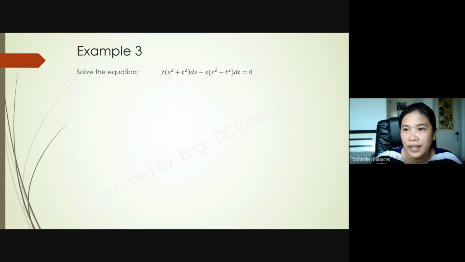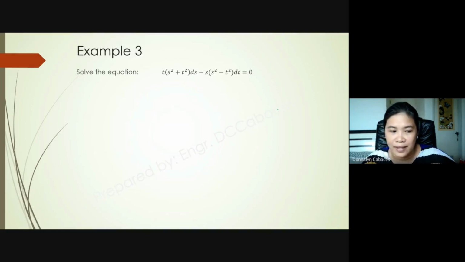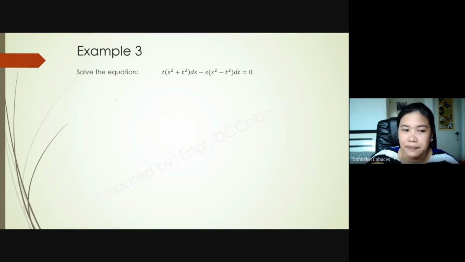Let me give you a third example, but this time let us use different variables s and t. So instead of having y and x, we use now s and t.